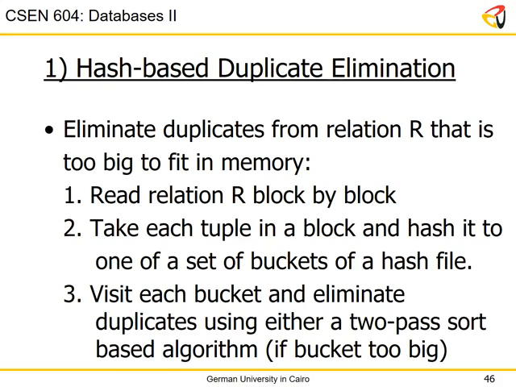So the nice thing is, this is one pass to read the whole relation. And then if the hash table fits in memory, whatever happens afterwards will also fit in memory because this involves deleting entries from the hash table. So if it was too big at the beginning, now it's becoming smaller because I've just deleted entries.